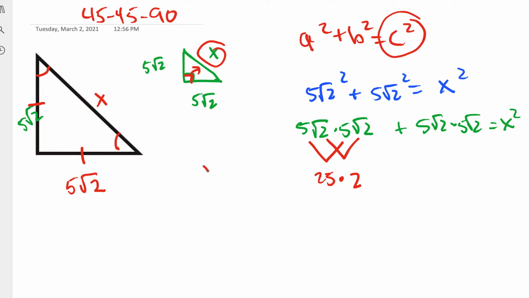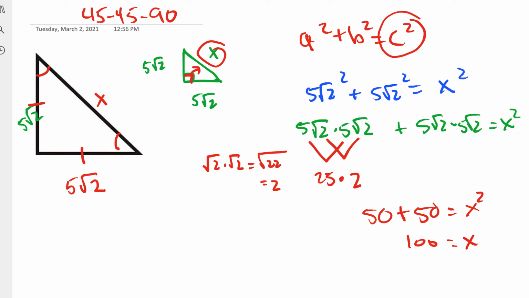We need to get used to the idea that any square root times itself is the same as 2 of them, so we take it out of the little umbrella. It becomes normal 2. So 25 times 2 is 50, so that was worth 50. The other one was also worth the same. It looks the same. So we get 100.